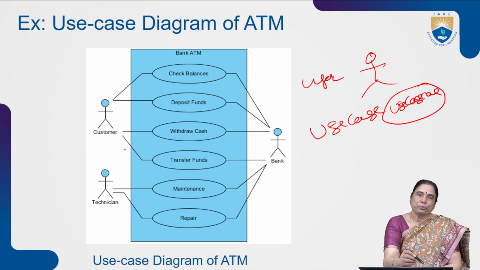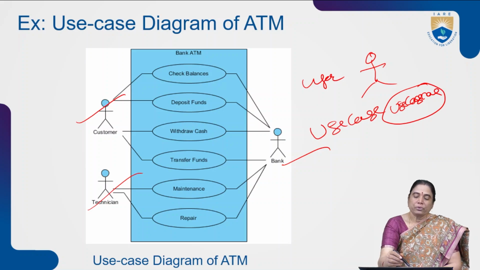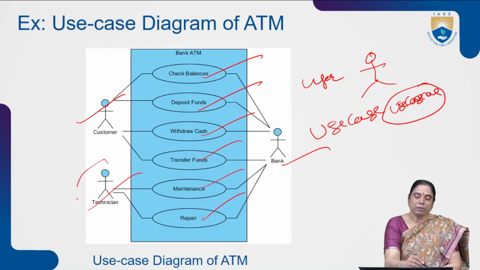So here 3 users are present: customer, technician and bank. And the functionalities that are provided by the bank ATM are check balance, deposit funds, withdraw cash, transfer funds, maintenance, repair. But the technician is limited to access the functionalities of maintenance and repair.